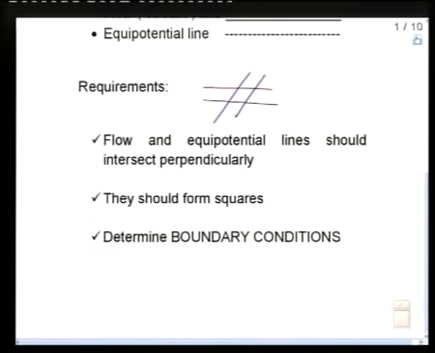So they should intersect perpendicularly, okay? So we solved one problem. Because now we decided what is the distance between the lines, right? Once I put this distance, then I am forced to do this distance, right? Because I should intersect perpendicularly, one, and the other thing is they should form squares. Okay, so the shape, we answered it, okay?